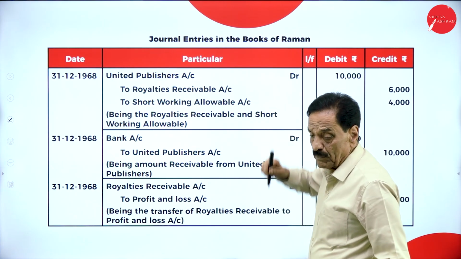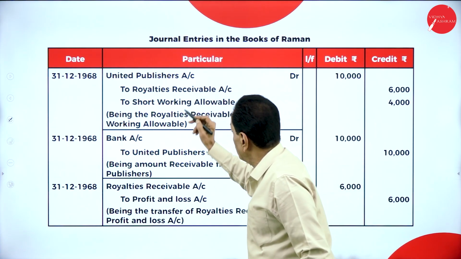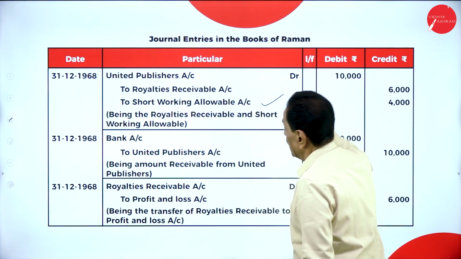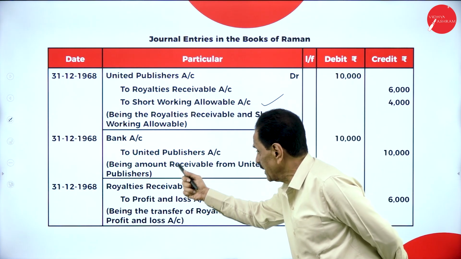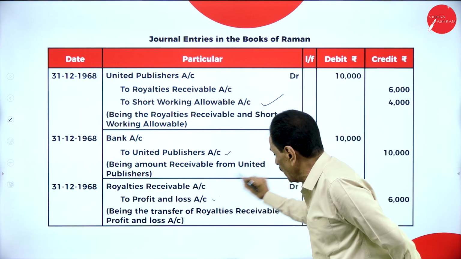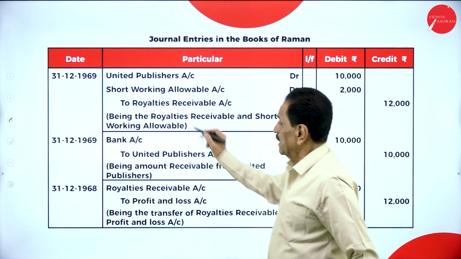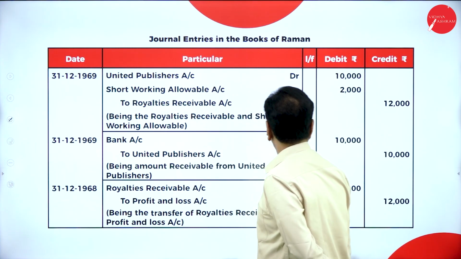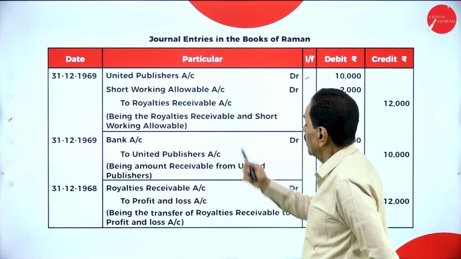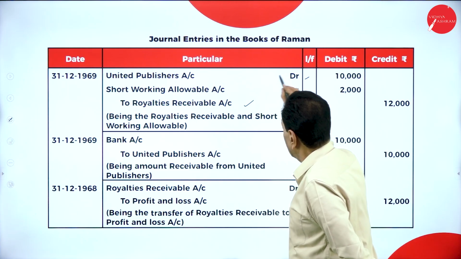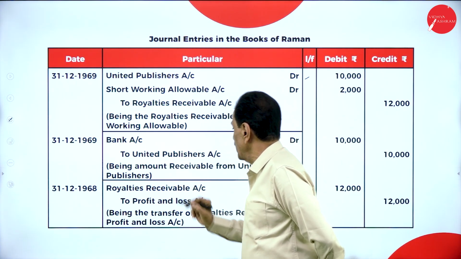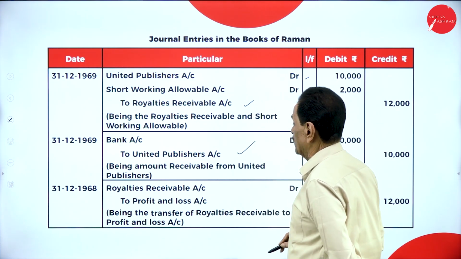Generally in the books of Raman, the author: United Publishers account debit, to royalty receivable, to short working allowable. Then bank account debit to United Publishers account, royalty receivable to profit and loss account. Then 1969, United Publishers account debit 10,000, short working allowable account debit 2,000, to royalty receivable 12,000. Then we receive from United Publishers: bank account debit to United Publishers account 10,000.